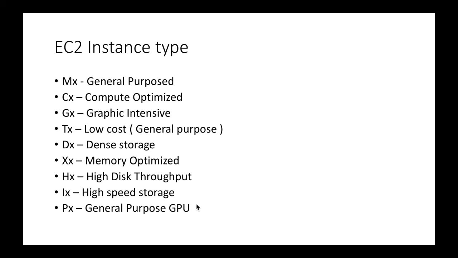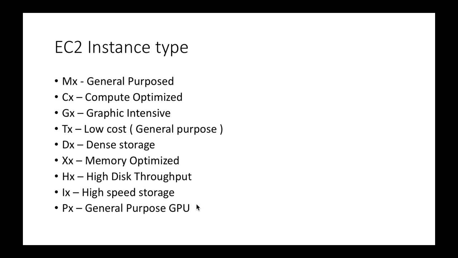Right now some are on the 5th generation, some on the 3rd, some on the 2nd, some on the 1st. When it was first launched it was M1, and when Amazon made some improvement and launched the next generation, it was M2. It's more like iPhone, right? iPhone 9, iPhone 10, iPhone 11. It is the same way. It has multiple generations, but the core use case will remain the same.